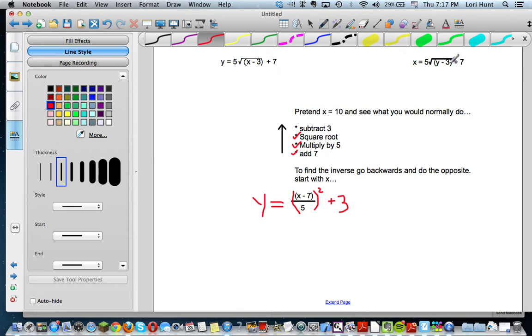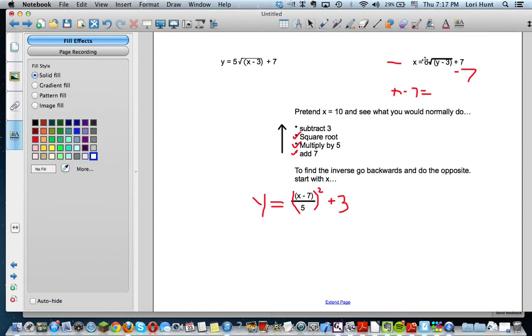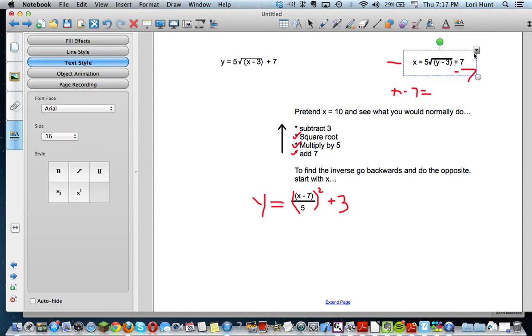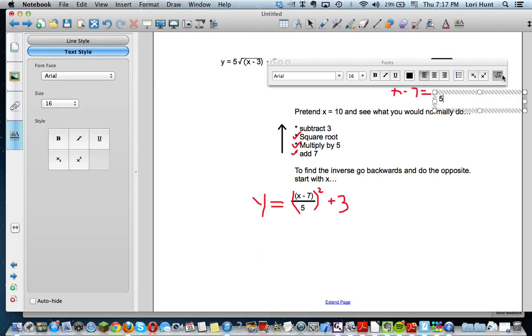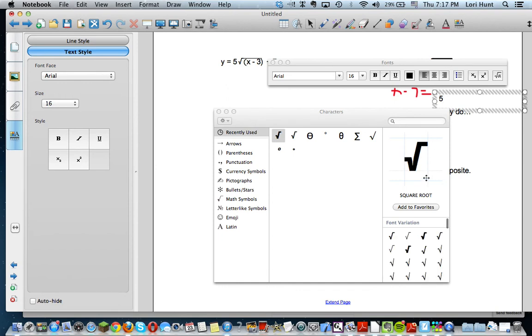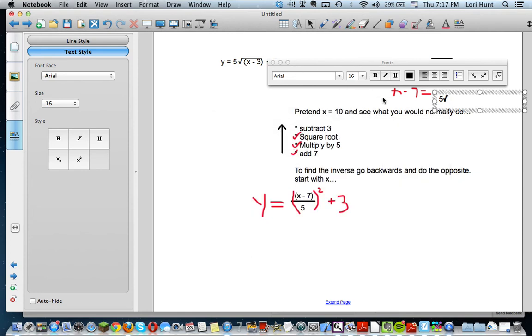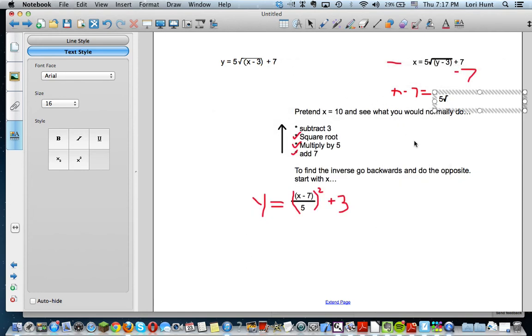Now if you had started with swapping the x and y like we did over here, notice how you would normally subtract 7. And so now I have x minus 7 equals all that stuff. So now you have x minus 7 equals 5 times the square root of y minus 3.